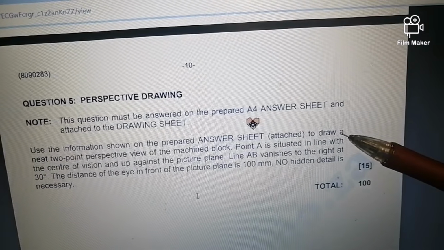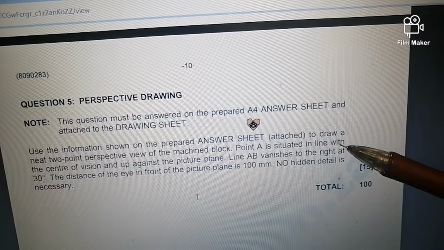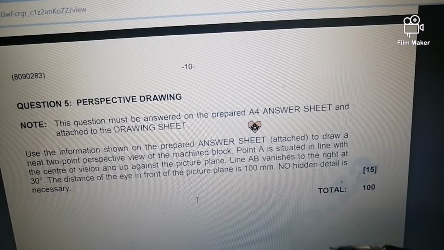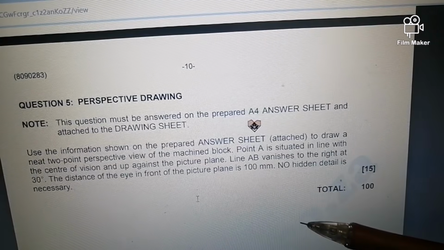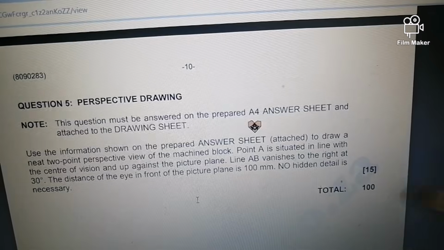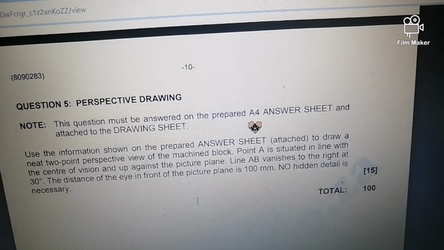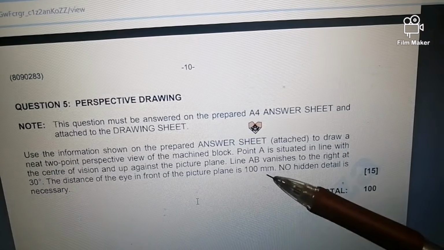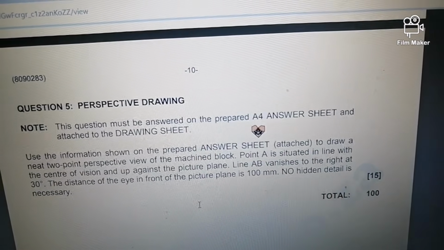Line AB vanishes to the right at an angle of 30 degrees. The distance of an eye in front of picture plane is 100 millimeter. No hidden details are necessary, which means if you put them, they are not going to penalize you. So the dimension that we want here is 100 millimeter.